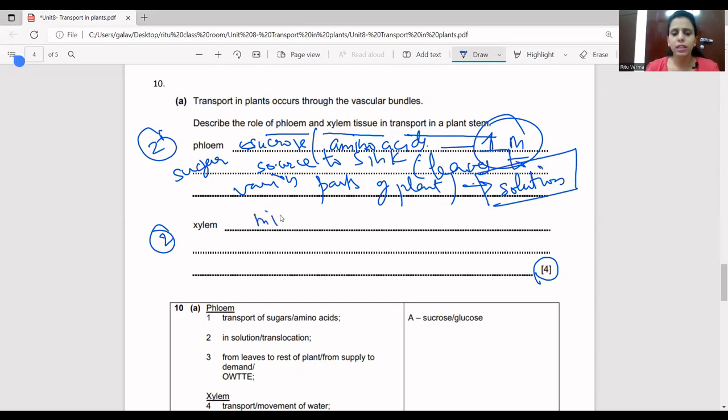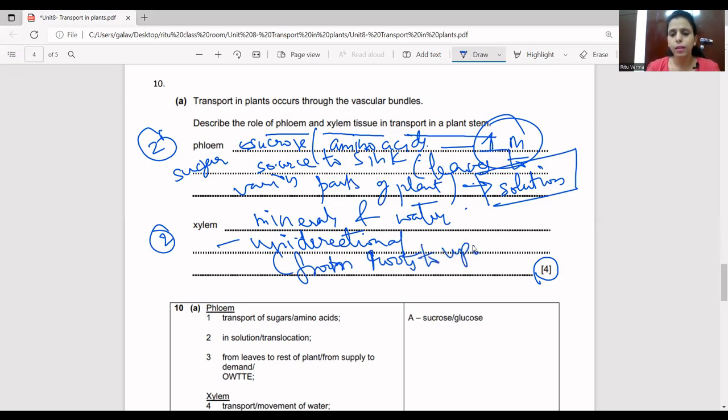Xylem helps in conduction of minerals and water. The flow in xylem is always unidirectional. That means from roots to upper parts of the plant.